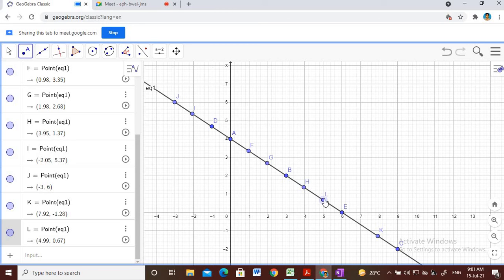See how this is changing here. You can see here. Yes, sir, you have done. It is 4.99. Sir, you type 5.00. Yes. Now you see 5 comma 0.67 is also a solution.